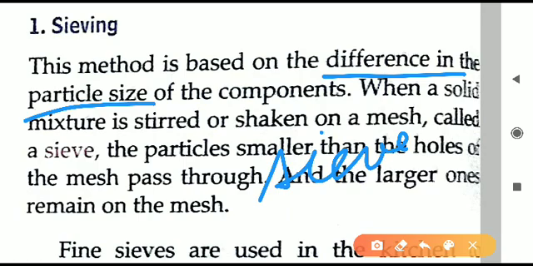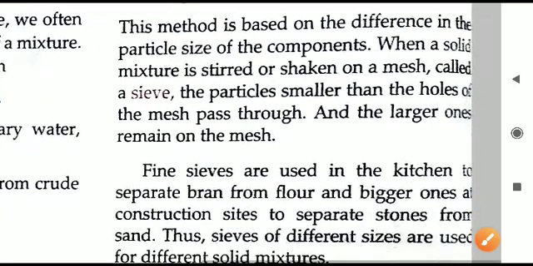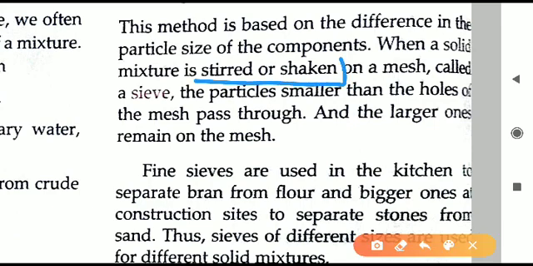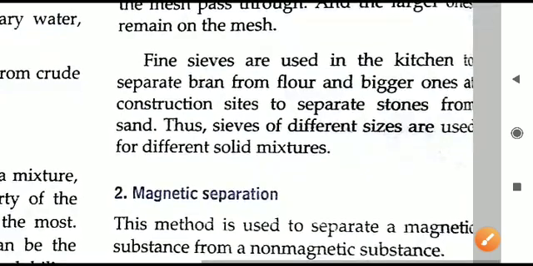The mixture is stirred or shaken on a mesh-like structure, that is a sieve, and the smaller particles will pass through the smaller holes and fall down, while the bigger particles will remain upwards. That is what is called sieving.